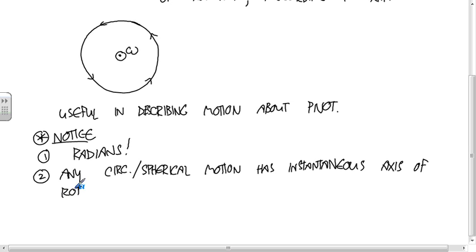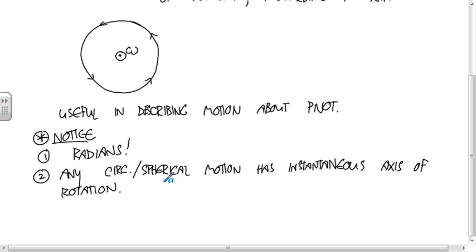That may seem sort of counterintuitive, but in fact, even if something is free to move in a spherical path in all three dimensions, at a single instant, you can identify a plane in which this thing is moving as part of a circle. And if you can identify that plane, then there's an axis perpendicular to that motion. And so you can identify that instantaneous axis of rotation.